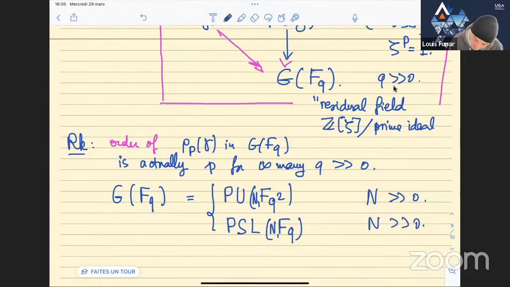So these are actually simple non-abelian groups.